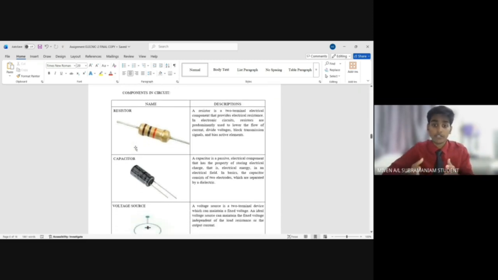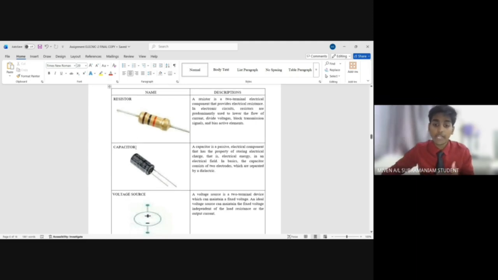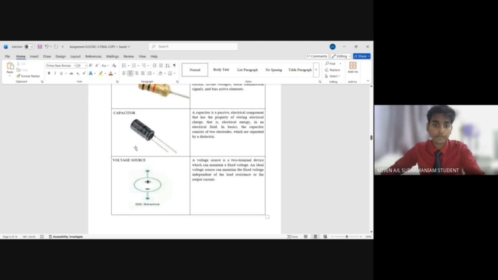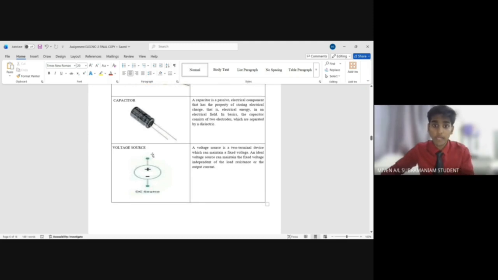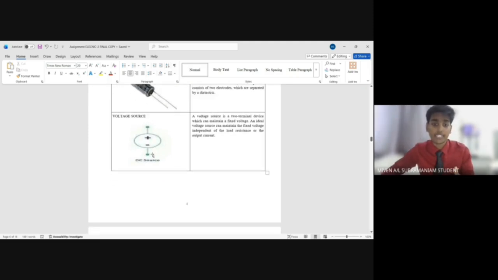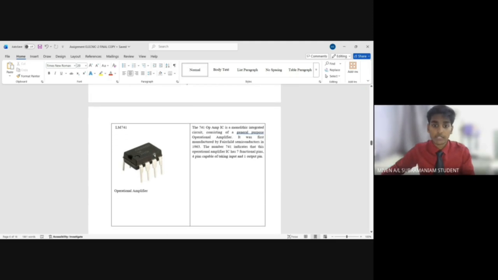These passive components store electrical charge in an electrical field. In our high-pass configuration, capacitors are essential for blocking low-frequency signals while allowing higher frequencies to pass. And then voltage sources. We use these to maintain a fixed voltage for the circuit, which is critical for stable simulation and testing. And the last one is the LM741 operational amplifier.